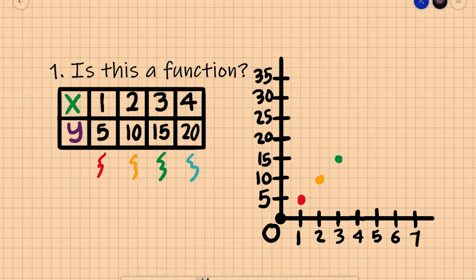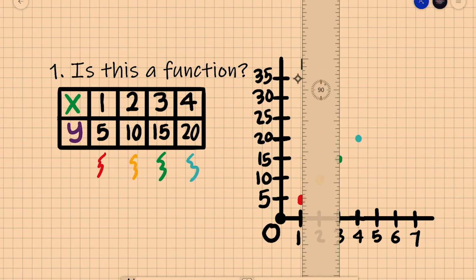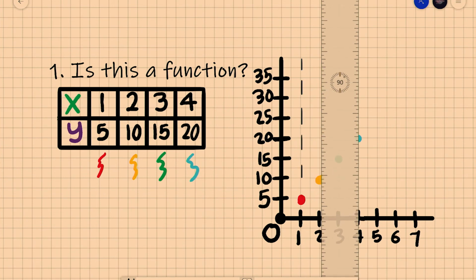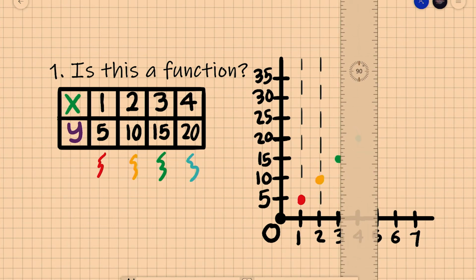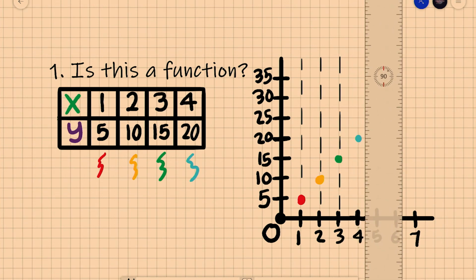And finally we have (4, 20). So if you did the simple vertical line test, hopefully you found that there were no overlapping points on one line, therefore meaning it is a function.